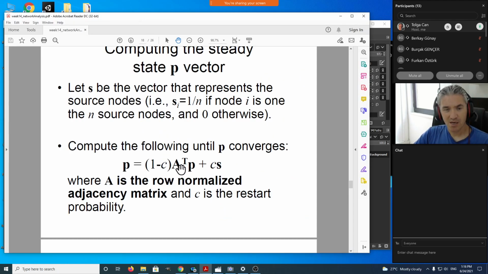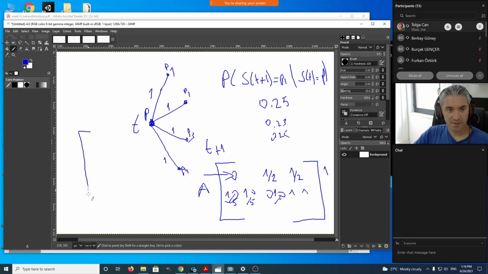P is a column state distribution matrix. So for example, if we started with a particular node, it will be 1, 0, 0, 0 like this initially. Since this is an n by 1 matrix, we cannot multiply it with an n by n matrix like this. It can only be right multiplied.